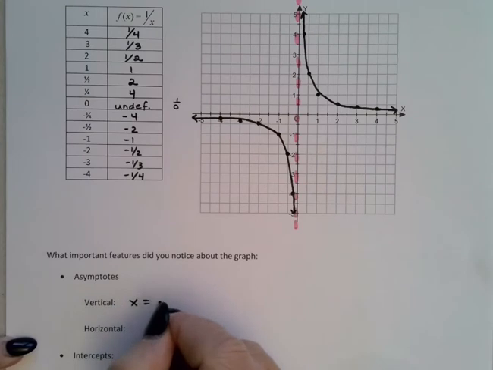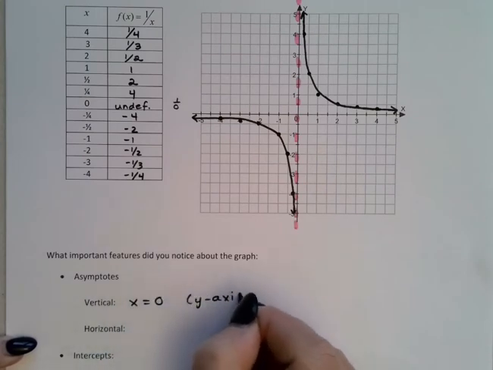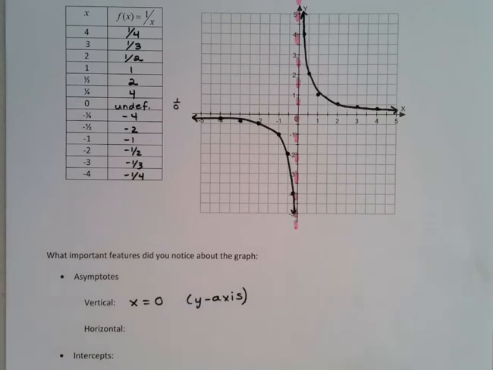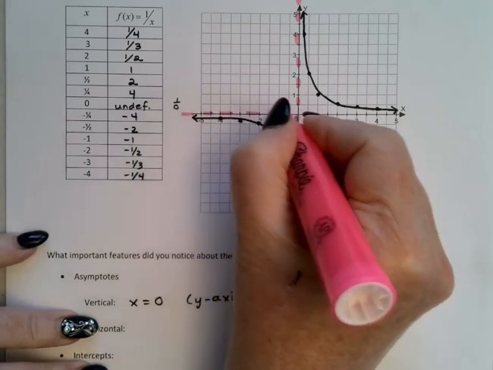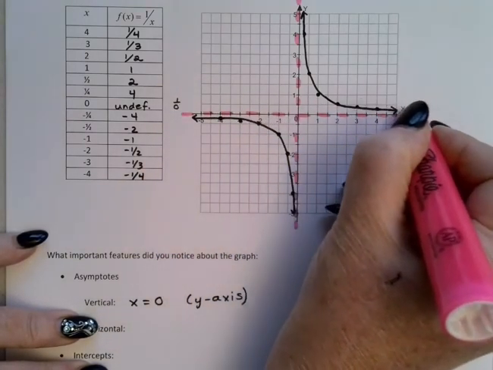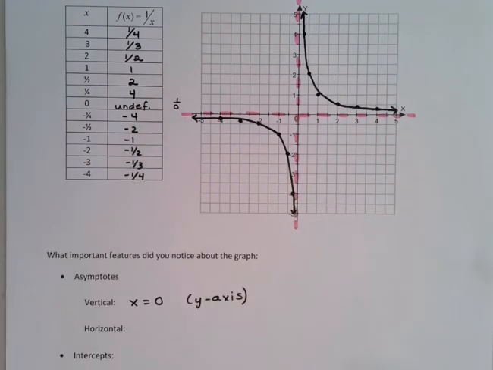So the y-axis, or x equals 0, is the vertical asymptote. There's also a horizontal asymptote, which is the x-axis. We can see the graph getting closer and closer on both the positive and negative sides. So that would be y equals 0, the x-axis.